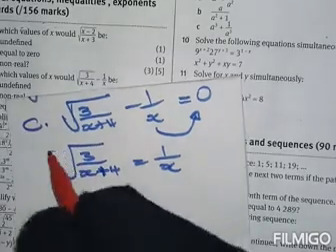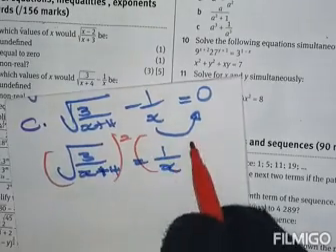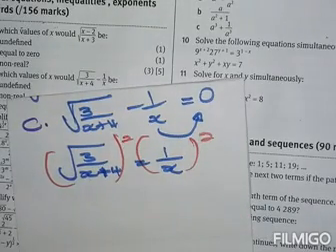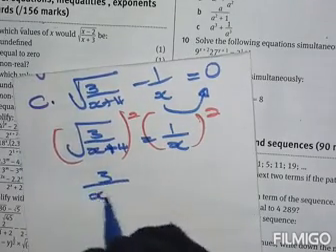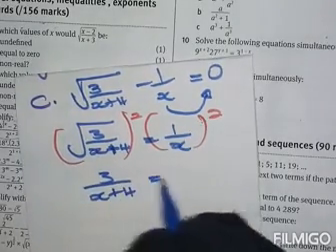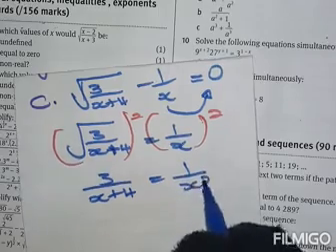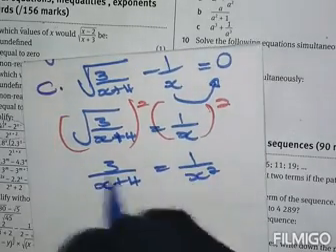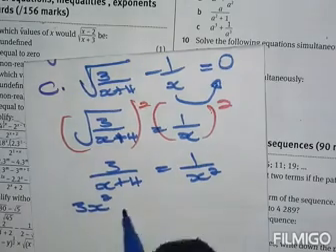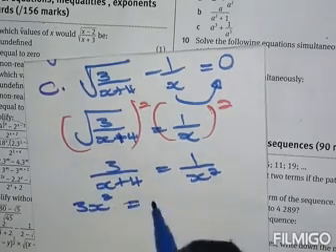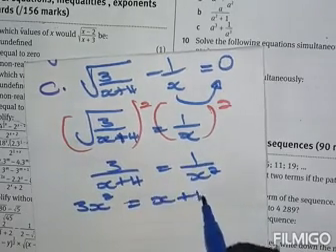Then we square both sides. We have 3 divided by x plus 4 equals 1 over x squared. We cross multiply. We have 3x squared equals x plus 4.